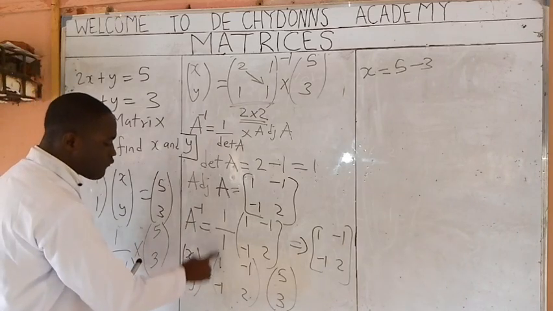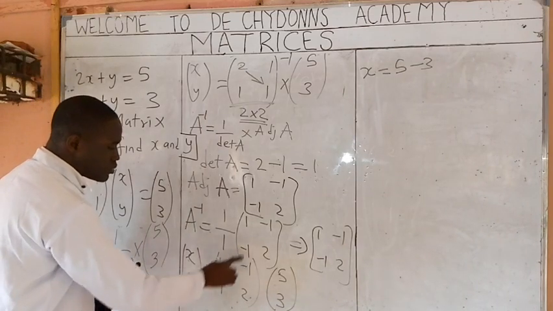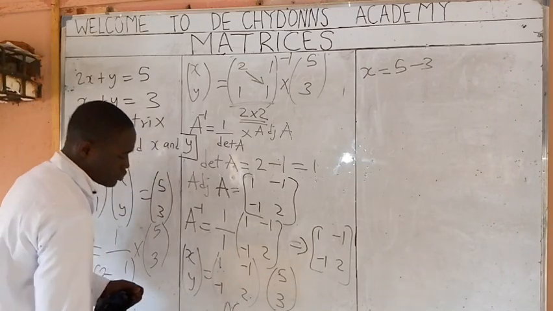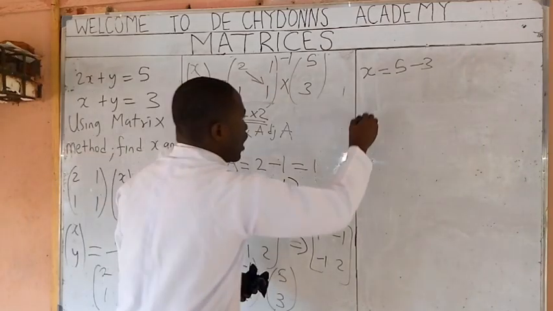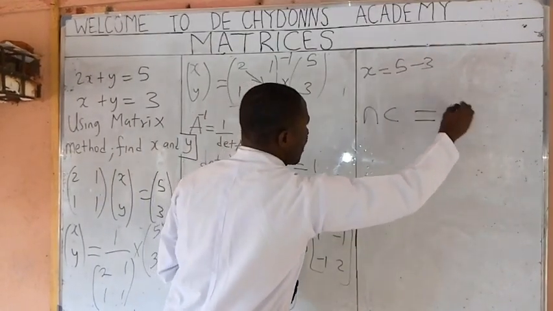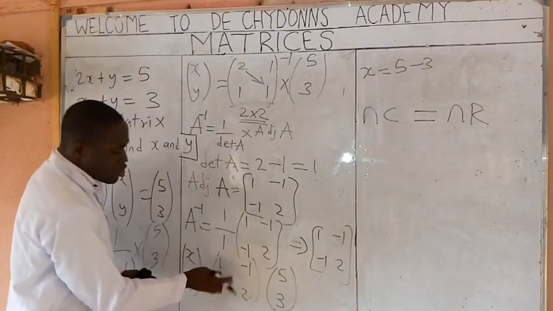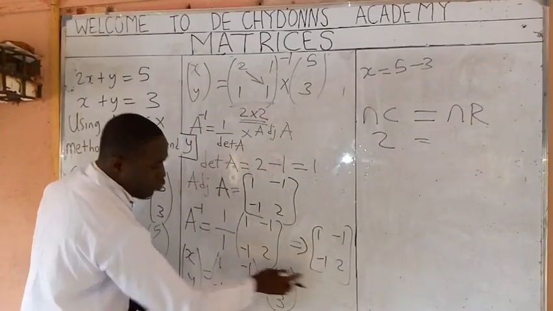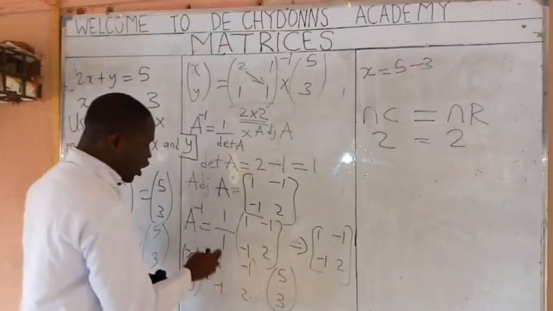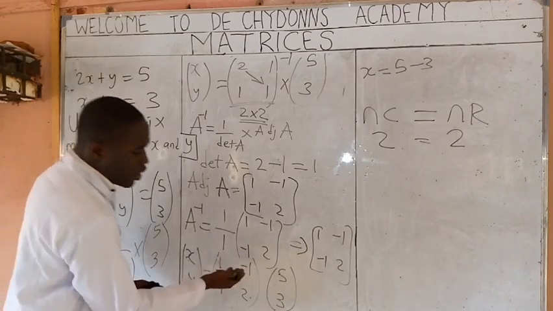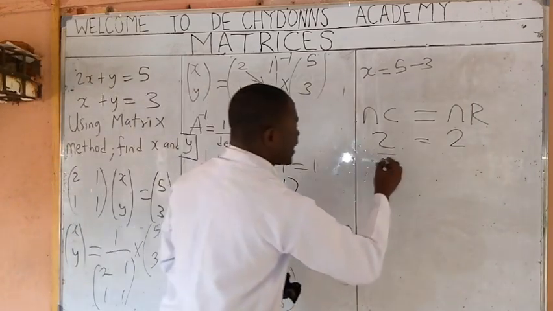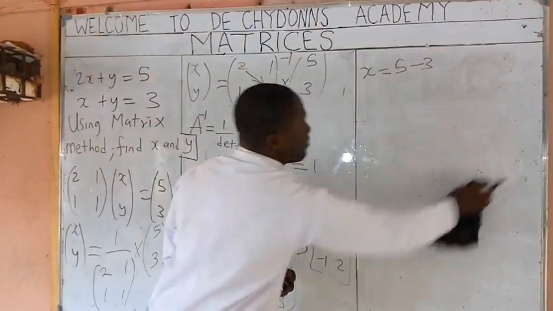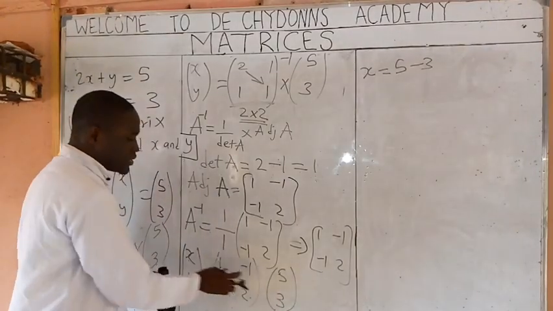You check how many columns this matrix has: 1, 2, the number of columns is 2. Is the number of columns equal to the number of rows? That is what you are checking. How many rows does this have? 1, 2. Because their numbers are the same, you can multiply these two. That means the two matrices are compatible.